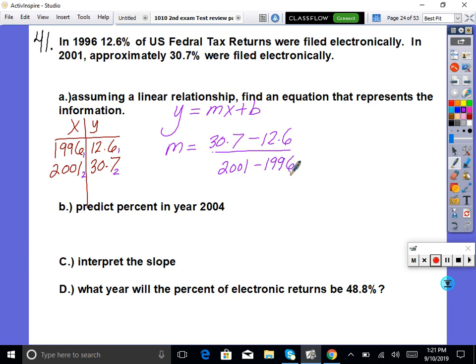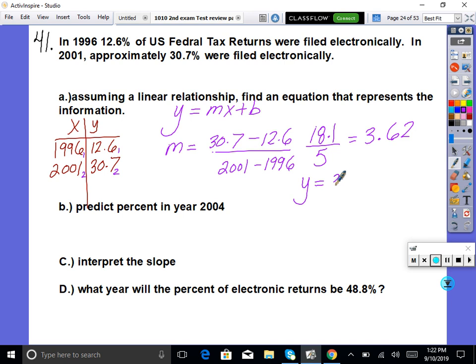I'm going to grab a calculator. So we would have here 30.7 minus 12.6, 18.1 divided by 5. So that's your slope. Not a very pretty one, but that's okay. So then we could even just write down the decimal of that because it's a story problem. So 18.1 divided by 5. So it's 3.62.